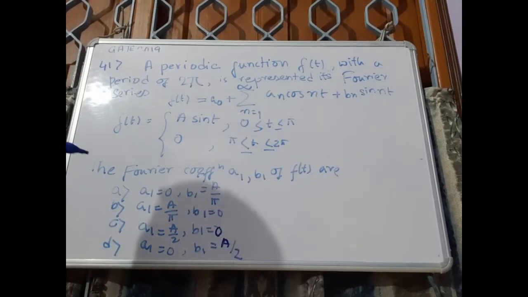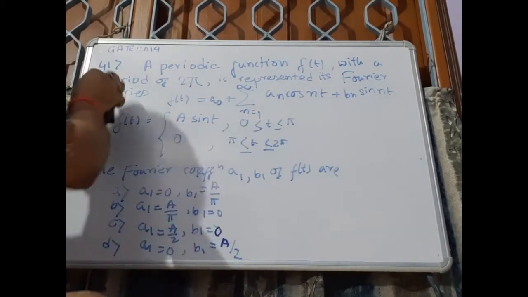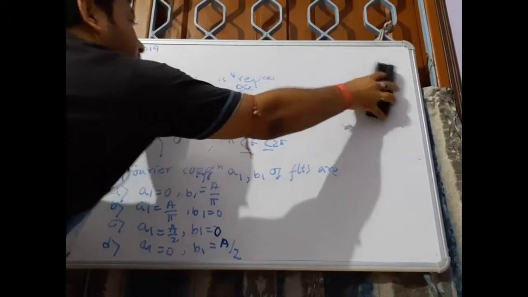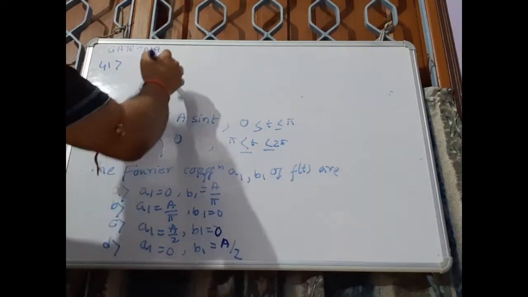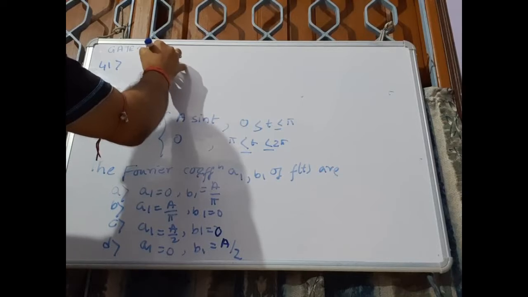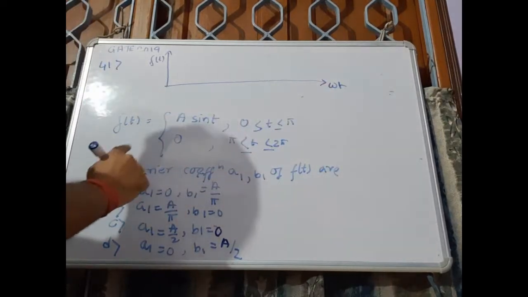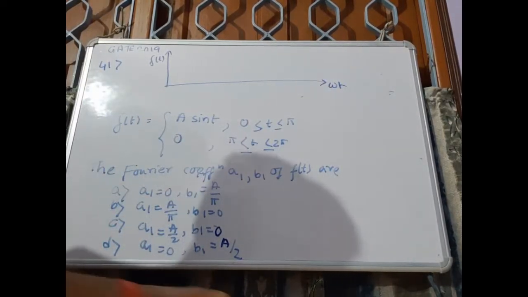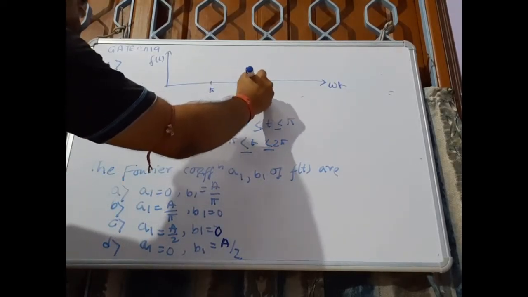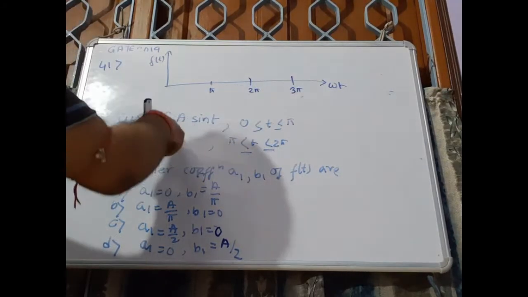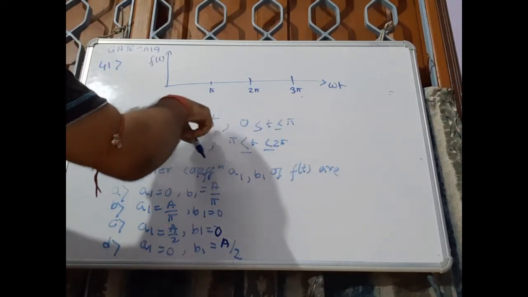Okay, now if I draw this function f(t) versus omega t, it will be like this is pi, this is 2 pi, this is 3 pi, and from 0 to pi it is a sin t.